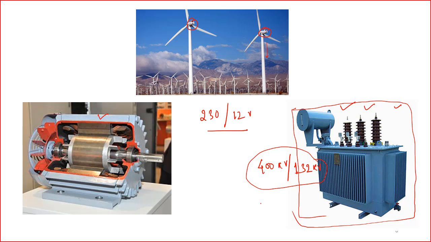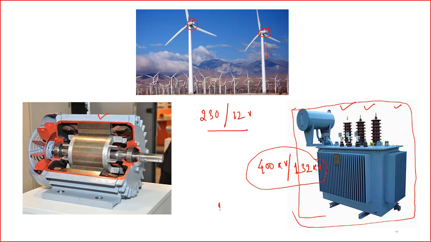Similarly, we have step up transformers at the generating end, which we need to use to step up the voltage, because we need to transmit the power at a very high voltage in order to reduce the loss in the transmission line. So it is important to step up the voltage.